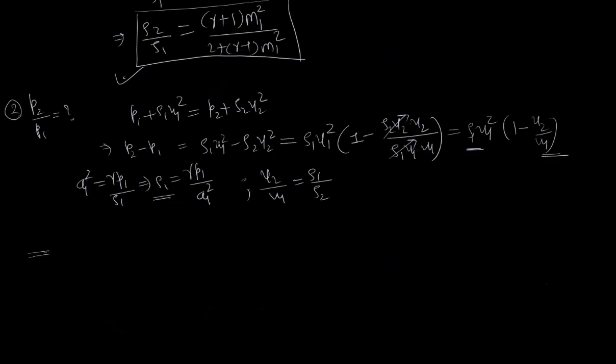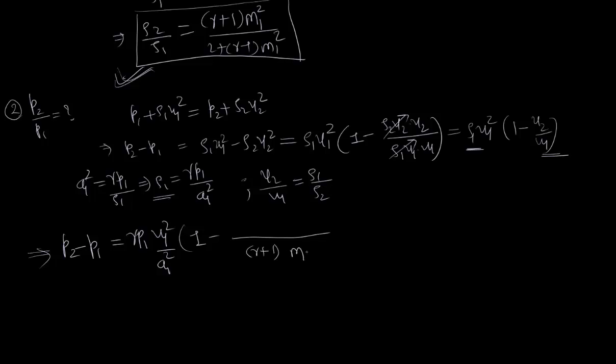So finally we will get minus P1 equals gamma P1 into U1 square by A square, inside the bracket 1 minus rho 1 by rho 2. And we know what rho 2 by rho 1 is from this equation. So we can write it as gamma plus 1 into M1 square divided by 2 plus gamma minus 1 M1 square.